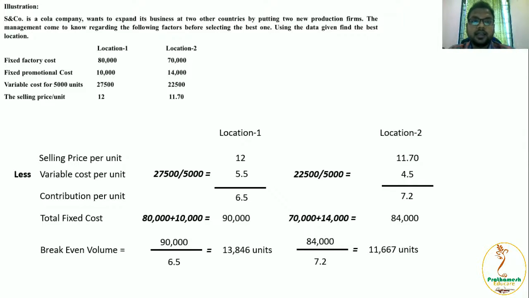So definitely location 2 is going to be selected, because we reach the break-even point earlier. So when we sell 11,667 units, only then do we start earning profits. Here, it will take us a little longer, or be late. So definitely we'll be selecting location 2.